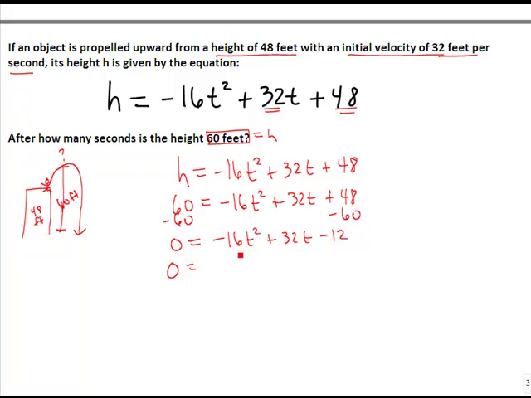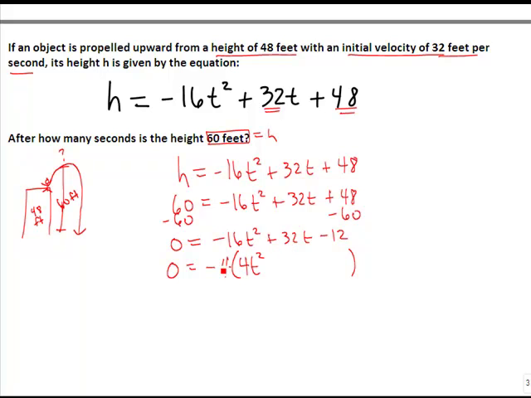So first we need to think of a number that divides into 16, 32, and 12. And the answer to that would be 4. And I'm also going to pull out the negative as well. So negative 4 is my GCF. In parentheses, what would we be left with? Well, negative 4 goes into negative 16, positive 4 times, so we're going to get a 4t squared.